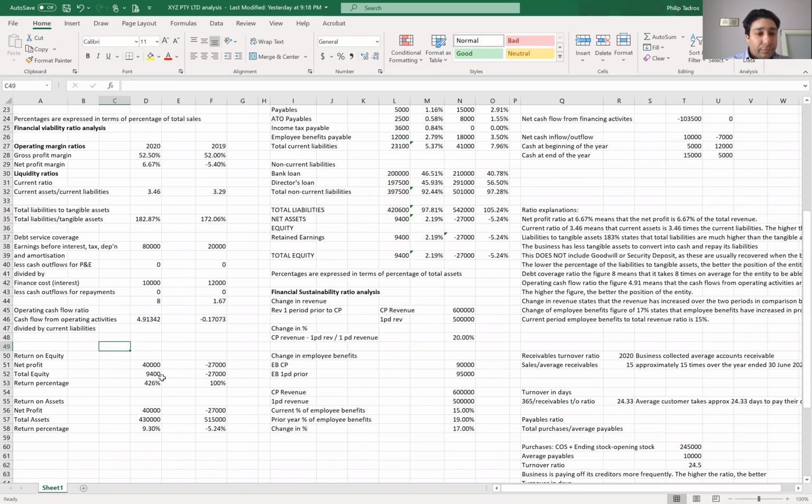So in this case, we take the net profit figure and measure it against the total equity. The business has a total equity of 9,400 because obviously of the prior year losses. So ideally, that 400% is not really an ideal figure.